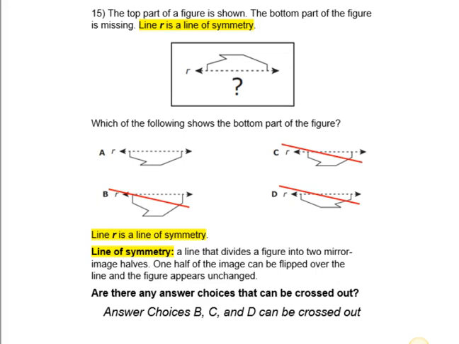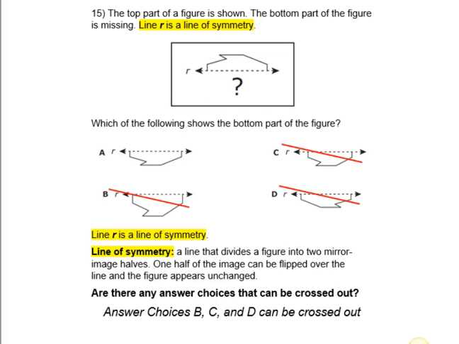So immediately we can see that we can cross out B and D. For B, the figure is larger than what it needs to be, and we said that the line of symmetry divides a figure into 2 mirror images. Okay, so B looks larger than the figure shown, so that's incorrect. D is not facing the correct way, so that's wrong.